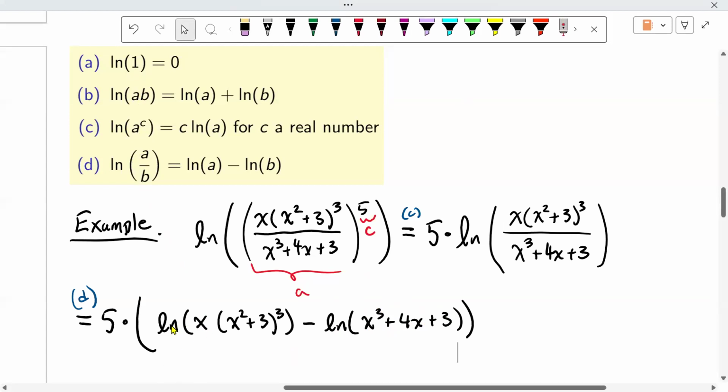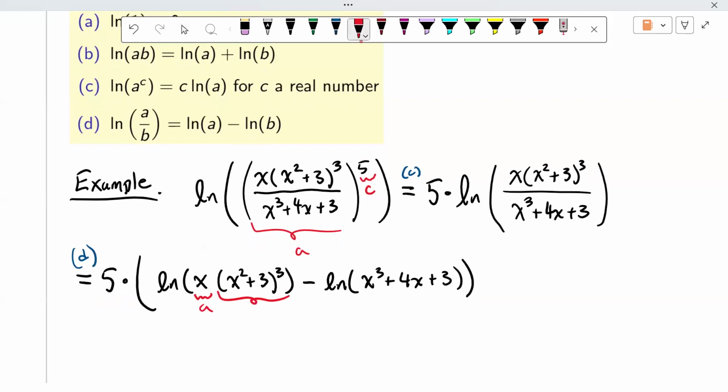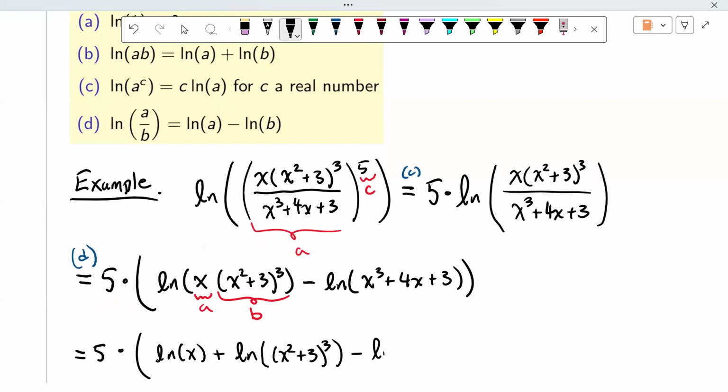How about this one? Is there any rule we could use here? Yeah, we could use law B. This is an A, and this is our B. And so this will be natural log of X plus natural log of X squared plus 3 cubed minus natural log of X cubed plus 4X plus 3.